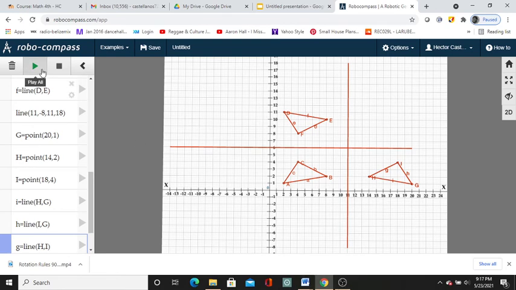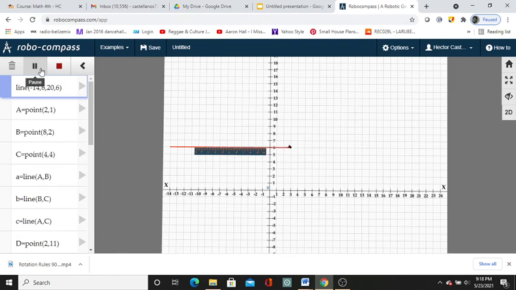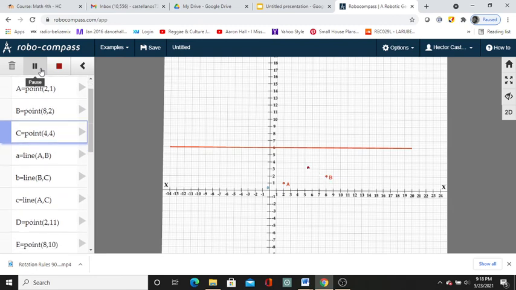So let's see this in animation format. We would have drawn our line first of all, our line of reflection where we want. Then you plot the points that you have been given. All the points, in this case there were 3 points for the triangle. If there were 5 points, then you plot your 5 points.